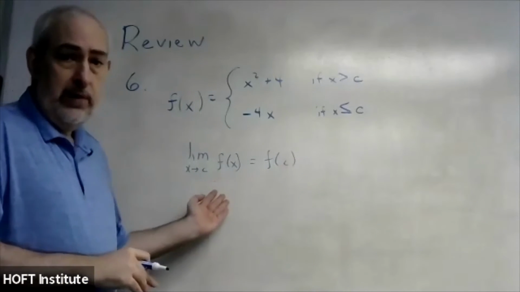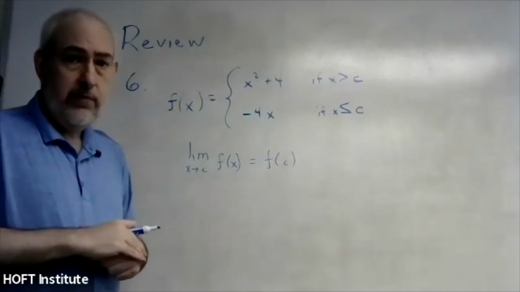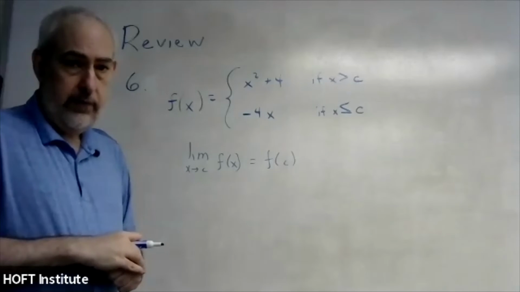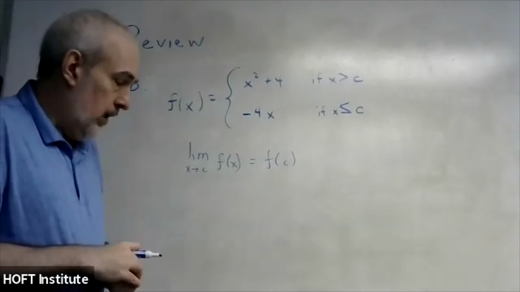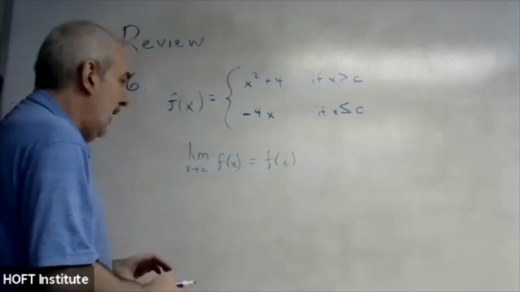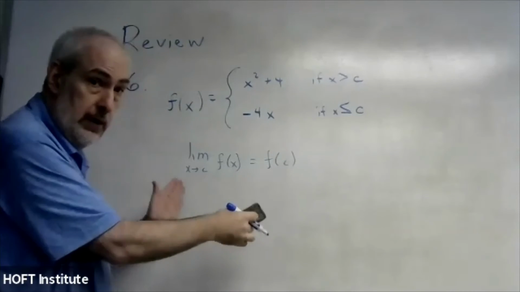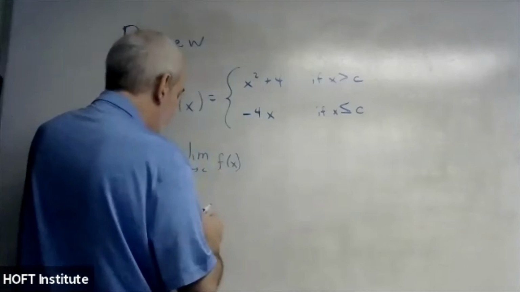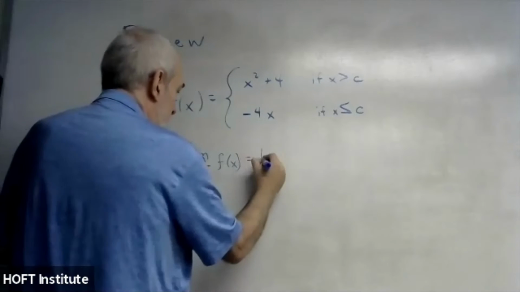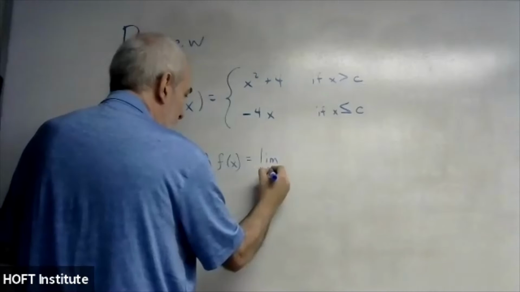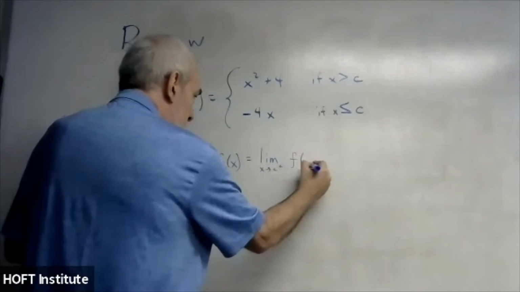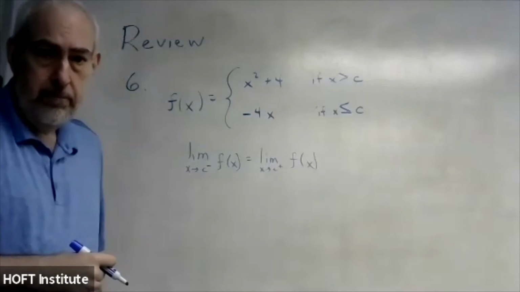Now, in order for this limit to exist, the limit from the left and the limit from the right are going to have to exist. So let's step back, but this is the definition for continuous at c. Now for just the limit to exist at c, we need for this to be true.